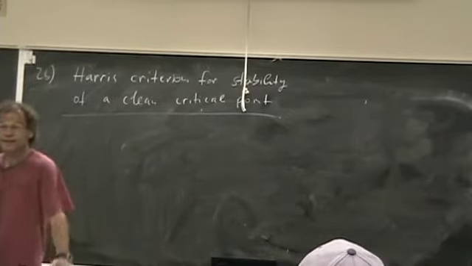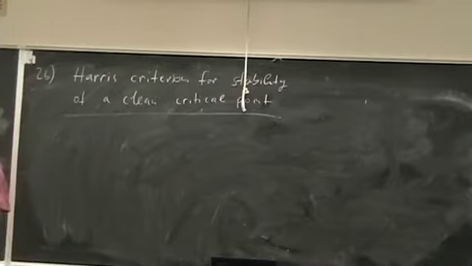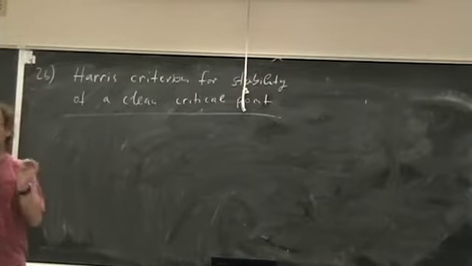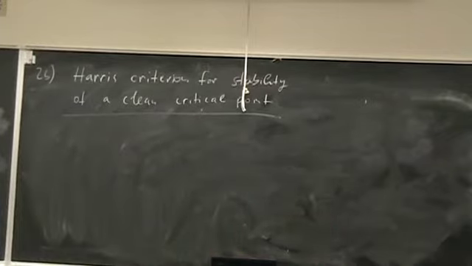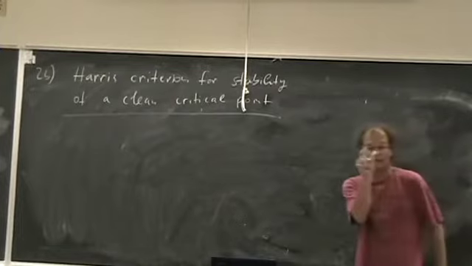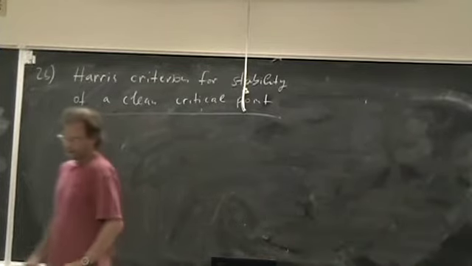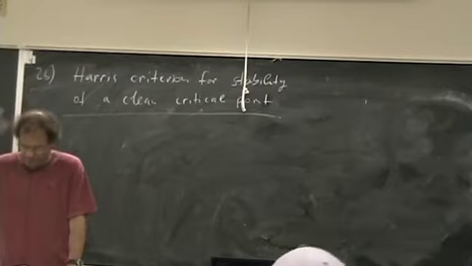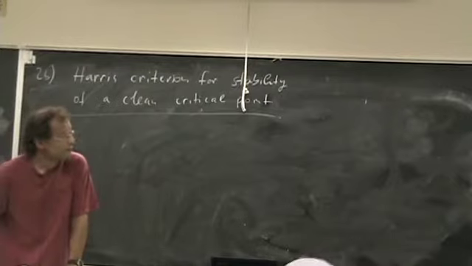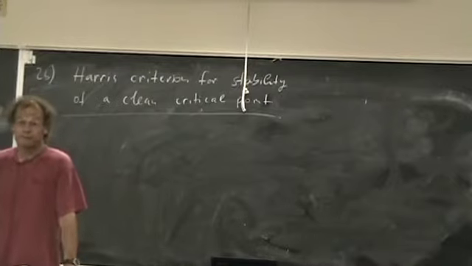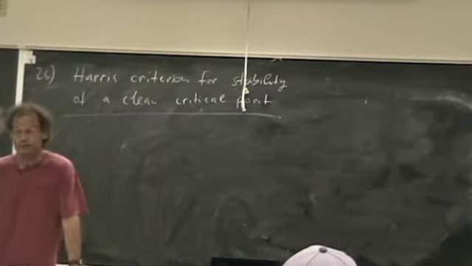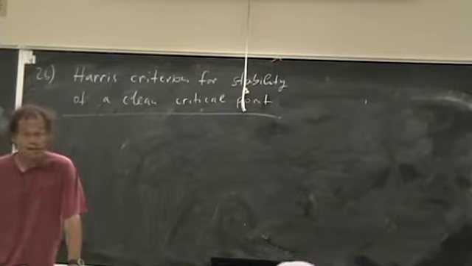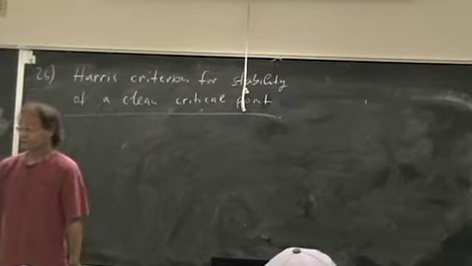And so the question that Harris asked is, if we now add a little bit of random T_c disorder, meaning we make the J random in our toy model here, but just a little bit, right? A small, narrow distribution. Will the critical behavior change? That was the question Harris asked. Will it change, or could it be that it stays the same, or maybe under what conditions does it stay the same?